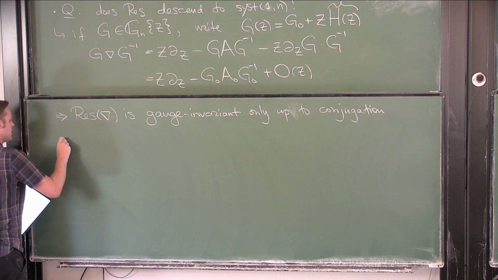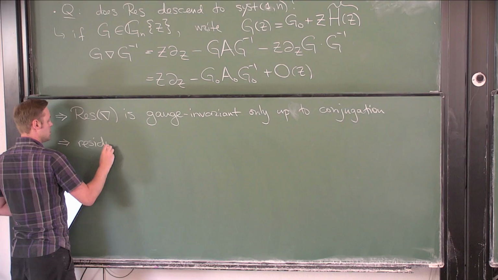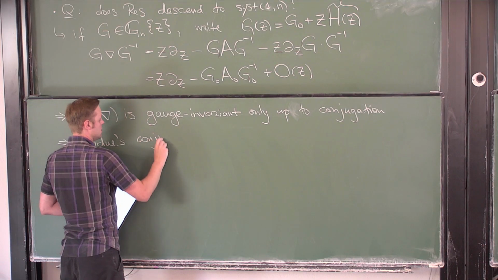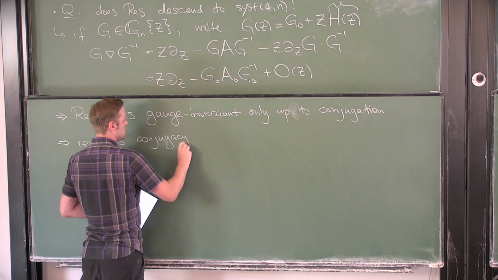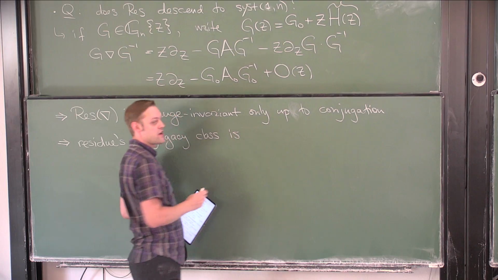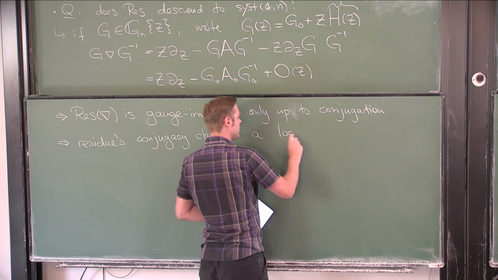So, in particular, that means that you could say the residue's conjugacy class is an invariant, is a gauge invariant. Or I will call it a local invariant.